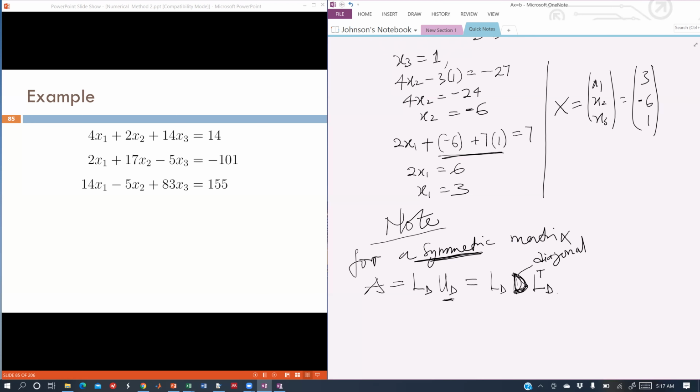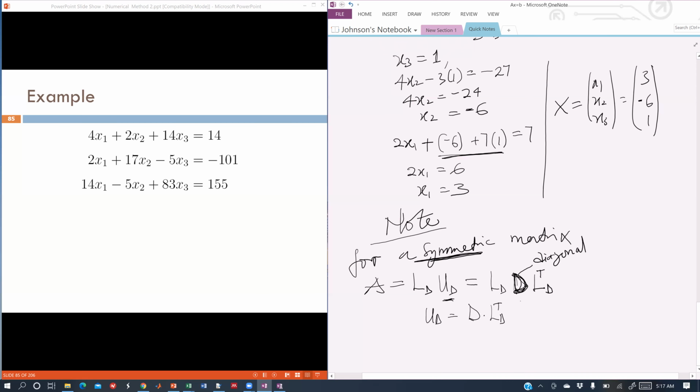So it tells you that for a symmetric matrix, the upper triangular Doolittle is actually a certain diagonal matrix times the transpose of the Doolittle lower triangular matrix. And this is a very important observation. So we can make use of this identity to quickly generate the Cholesky decomposition.